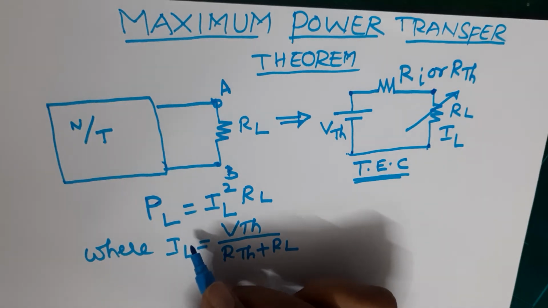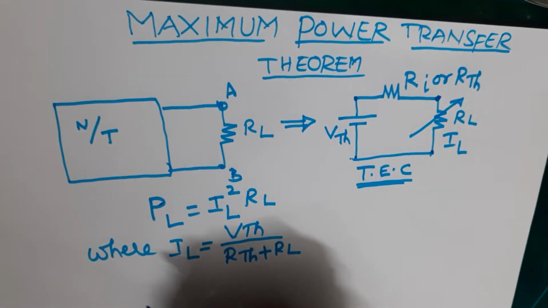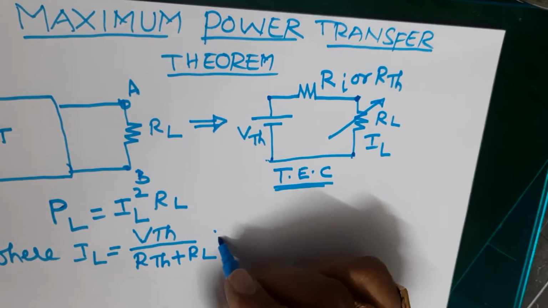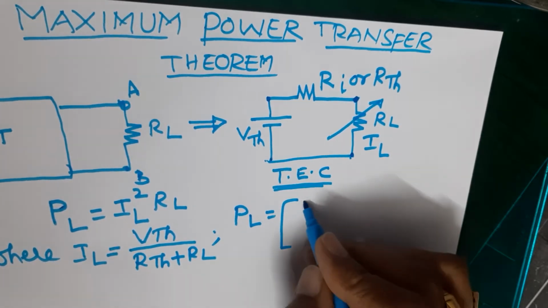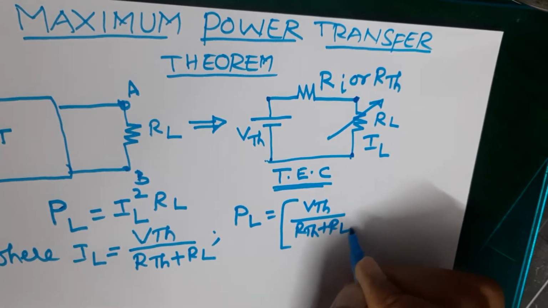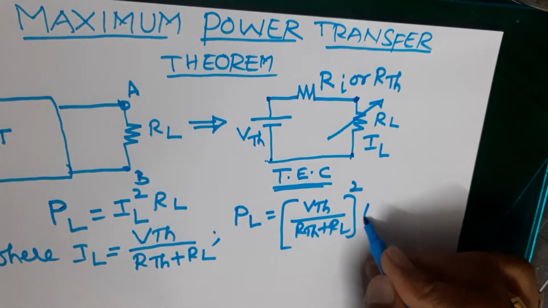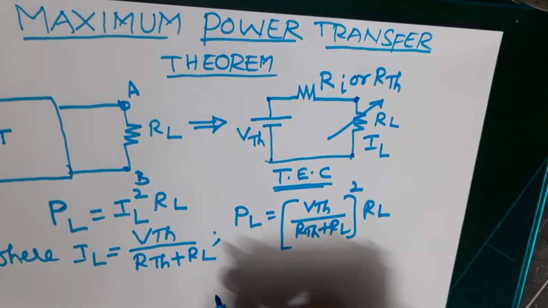So if you substitute the value of load current in this power expression, then we will get power absorbed by the load resistance equal to VTH by RTH plus RL, whole square, times RL.